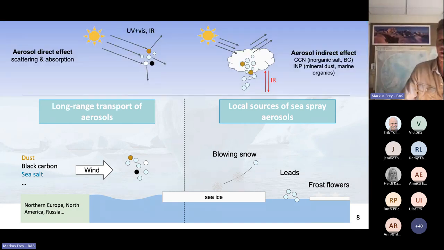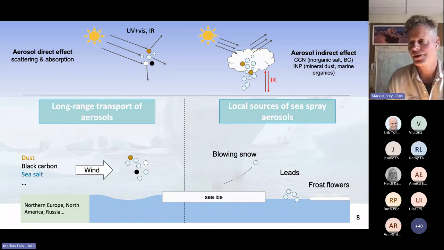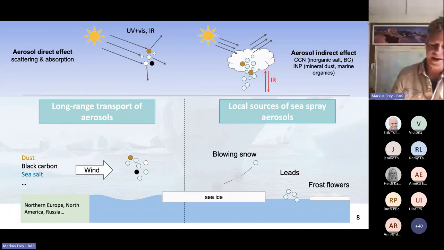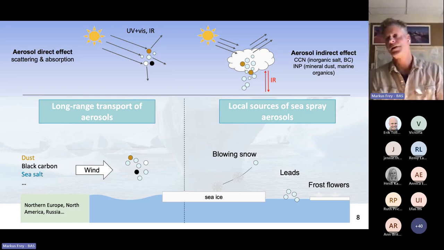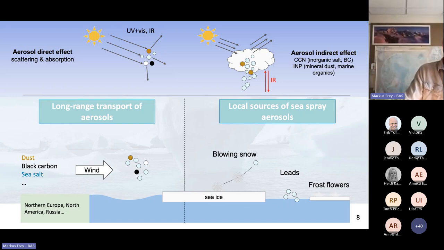All this aerosol has a climate impact by influencing the atmospheric radiative transfer. One, through the aerosol direct effect, that is through scattering and absorption, both in the UV-visible and thermal infrared. And then also, and that's the aerosol indirect effect, through the impact on clouds, cloud seeding.